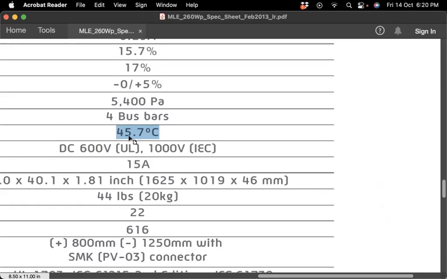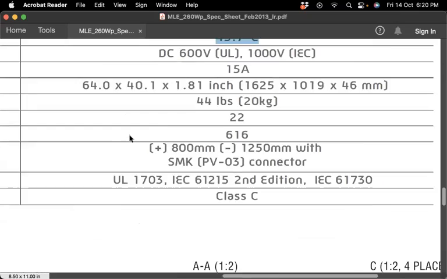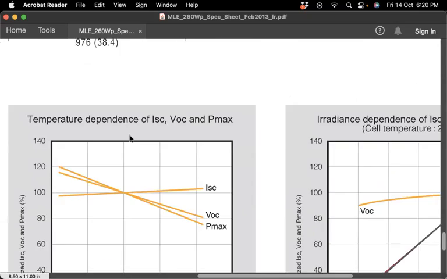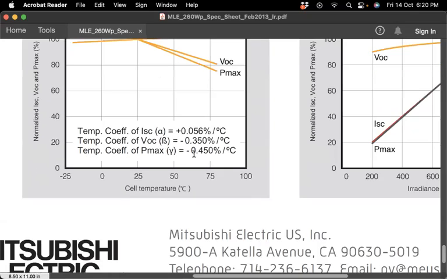So this 45 becomes, for example, 55. That means you are now 10 degrees higher than the NOCT. Accordingly, your overall power will be reduced by 4.5%.